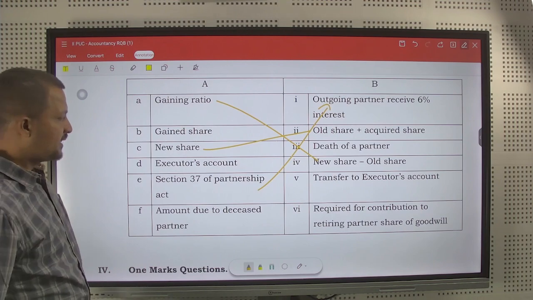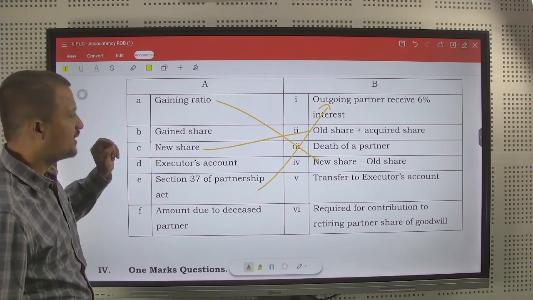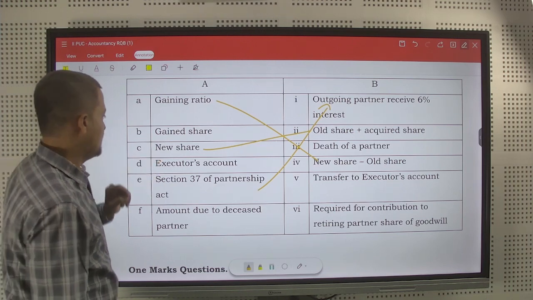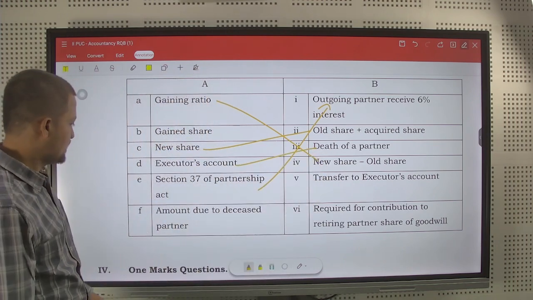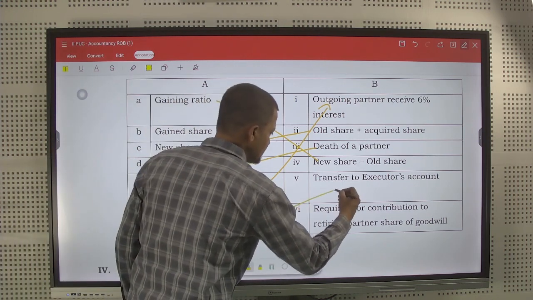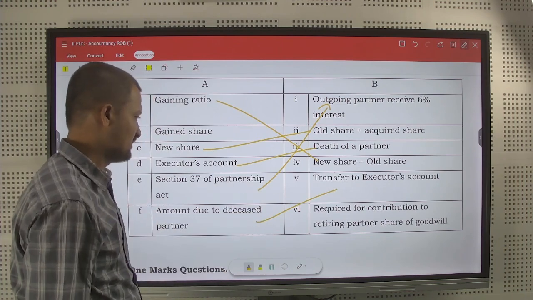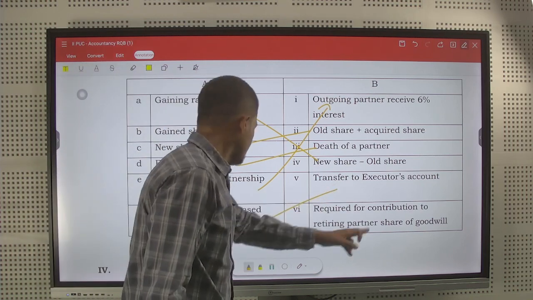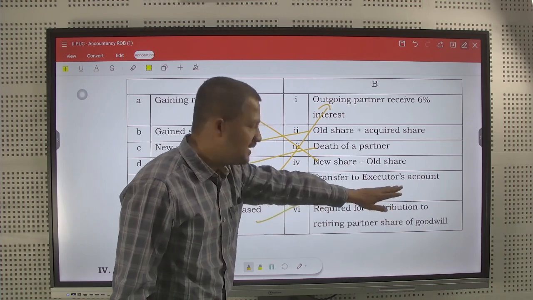Then next is executor's account. Executor's account at the time of death of a partner. Then the amount due to the deceased partner is transferred to, see here it is contradictory. If you see, the amount due to the deceased partner is transferred to the deceased partner's loan.